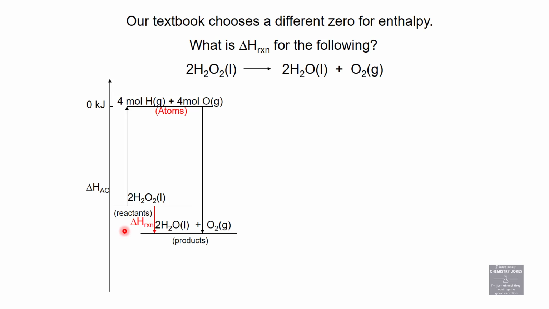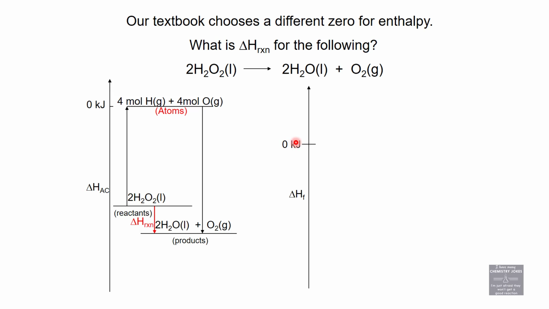It's exothermic. That change is all that I'm actually measuring, products to reactants. Are atoms in their gaseous state ever actually created when you turn liquid hydrogen peroxide into water and oxygen gas? No way. It's just my reference point that everything else is referenced against.